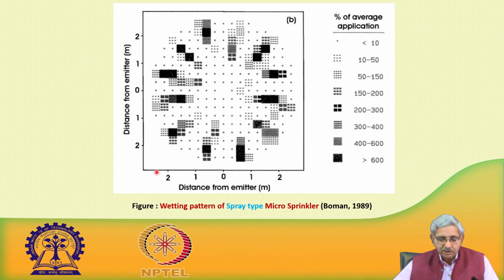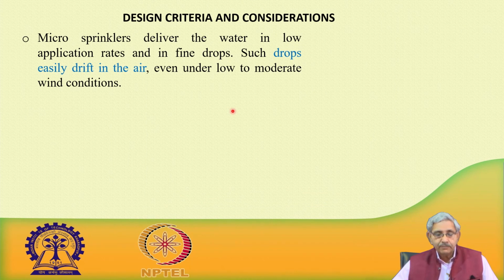On either side it is about 3 meter, and you can see about 2.5 meter is the radius of coverage, and at the outer radius the depth of water is more compared to the center.